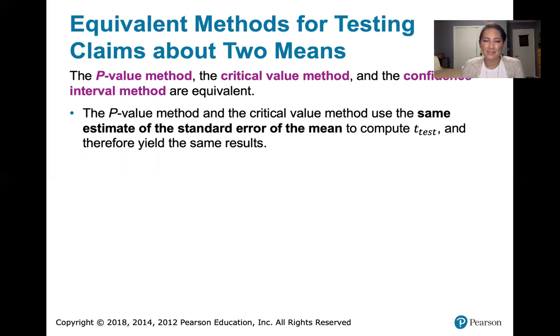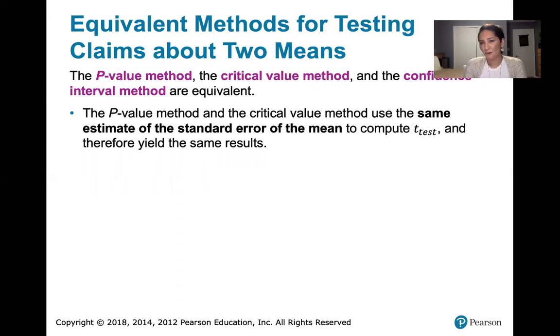Since they use the same test statistic t, and the p-value method gives you an area beyond the test statistic, and the critical value method compares the test statistic to a critical value of t, based on determining whether that test statistic t lies in the critical region or not, the p-value method and the critical value method are always going to come up with the same result.